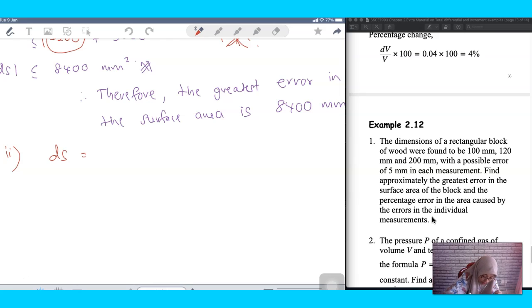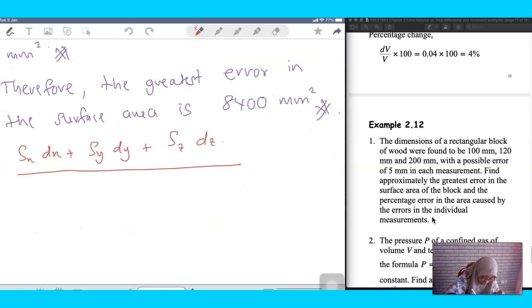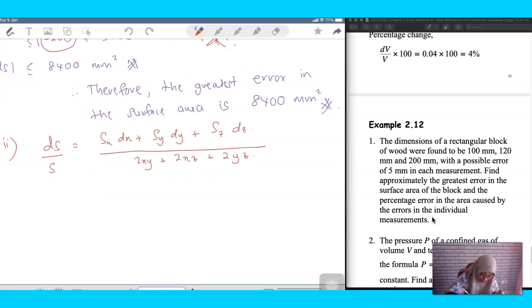So the formula is sx dx plus sy dy plus sz dz, and then divided by s. So what is the s from just now? It is 2xy plus 2xz plus 2yz. Then we have to evaluate this.